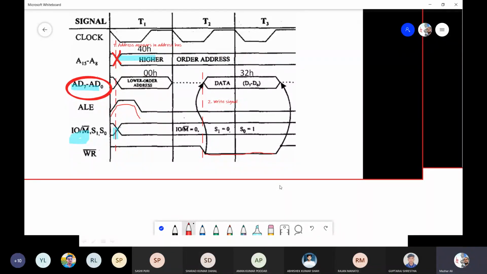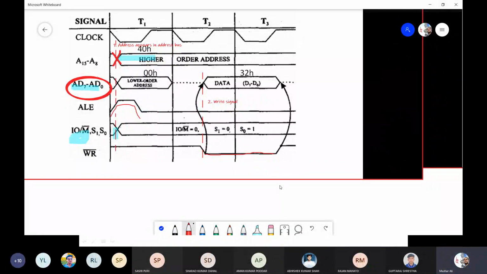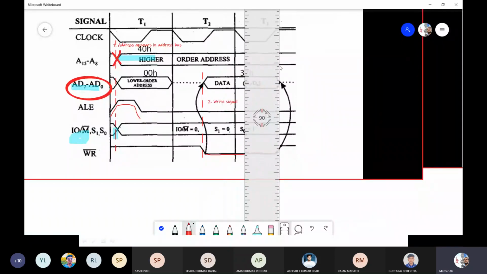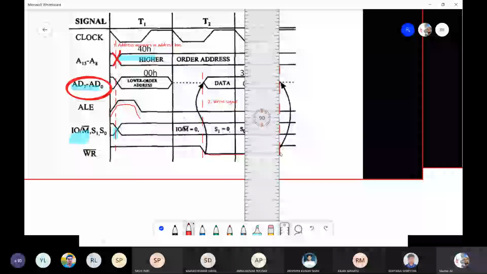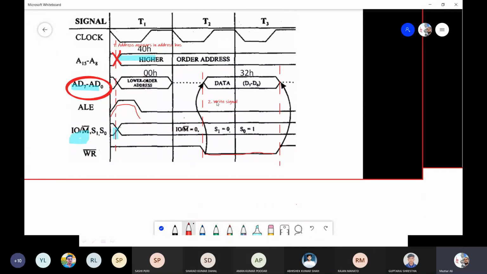The write also takes time. In fact, write operation takes longer compared to read operation, and hence it will also finish itself in the third clock cycle. So it is taking 3 T states, and over here, this point is write complete.